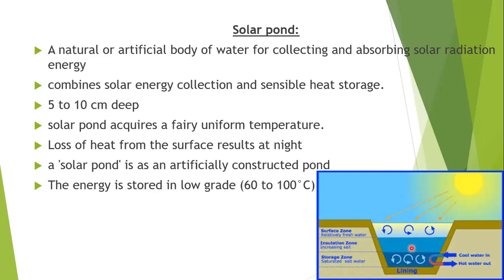Low grade means it is from 60 to 100 degrees Celsius only, in thermal form. It is suitable for various applications such as space heating and industrial process heat, and to obtain mechanical or electrical energy. This is the solar pond.